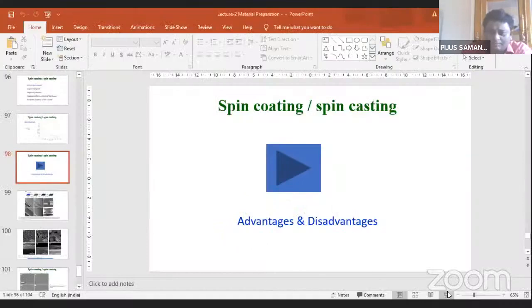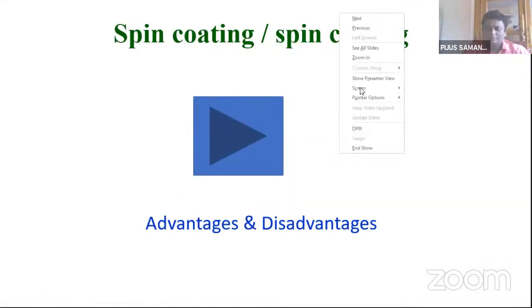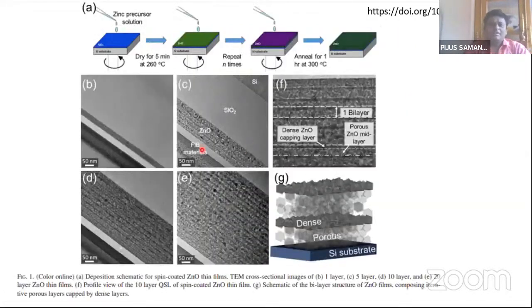So okay, now let's go back to our issues. Now you can see this is the SEM image of spin coated zinc oxide. You see there are multiple layers. This is a cross section view. Multiple layers have been grown: 1, 2, 3, 4, 5, 6 layers grown by this method.